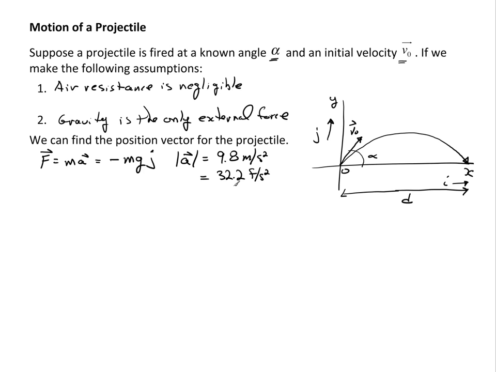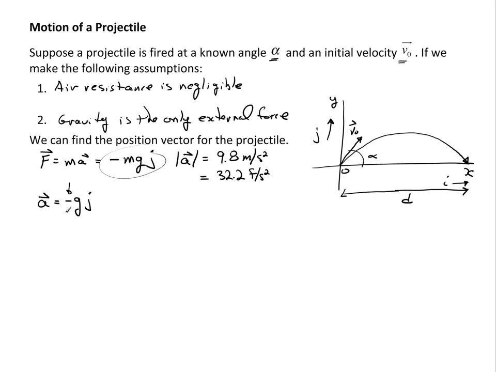It depends totally on what you're dealing with. So to take this idea a little bit further, I'm going to say that the acceleration vector is really nothing more than negative g j. The negative is because gravity's pulling it in the negative j direction.